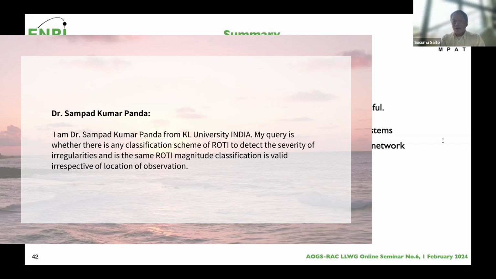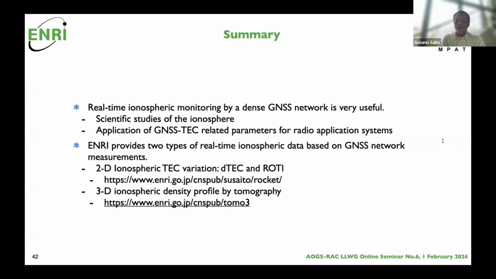Yeah, I think it's a good question. It depends. Actually, the severity depends on the region, especially magnetic latitude. If we go down to low latitude, the ROTI can be quite high due to the plasma bubble related irregularities.